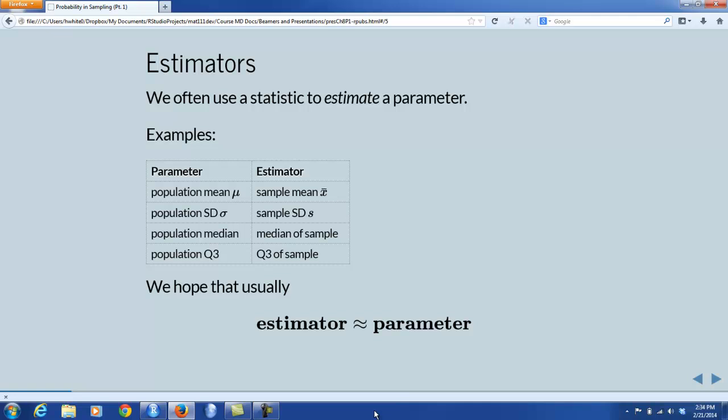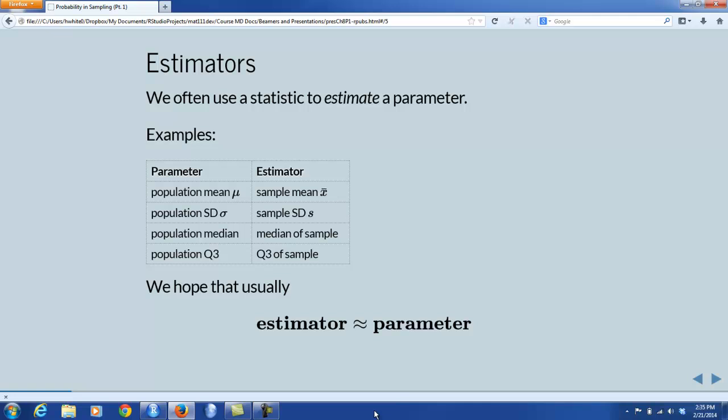In a similar way, if you needed to estimate the spread in a population, a population standard deviation sigma, let's say, then you might use the sample standard deviation S that we introduced back in Chapter 2 of the course.